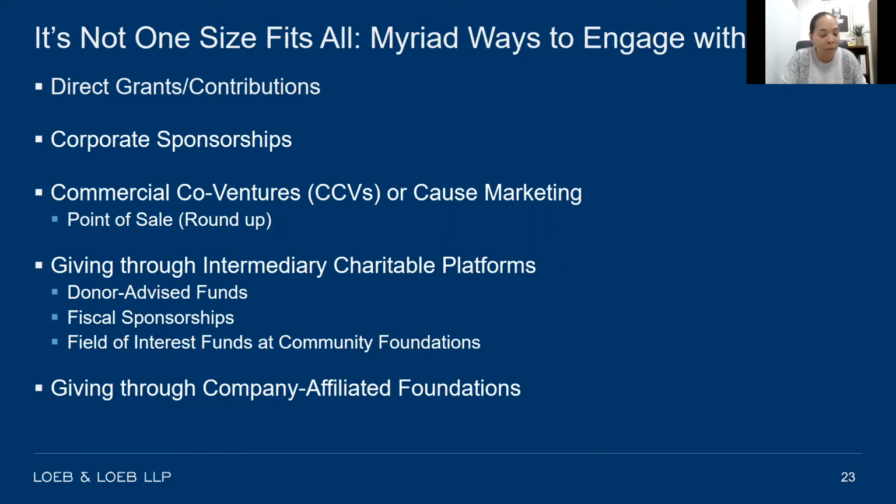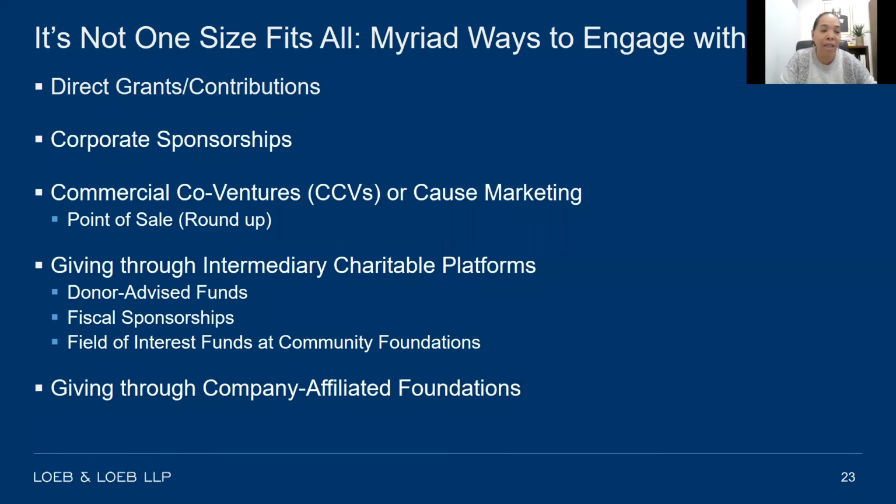And now I'm going to bring the tax law perspective, because more than half the time when I'm looking at a CCV or a corporate sponsorship deal, I'm looking at it from the charities perspective.